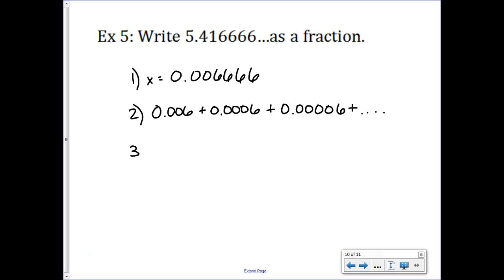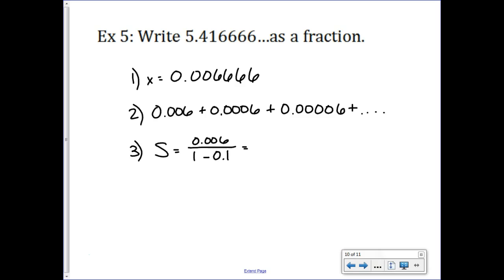So step 3, we are writing it as a geometric series. So S equals, our starting value is 0.006 over 1 minus, and to get from 0.006 to 0.0006, I'm just multiplying by 1/10. I'm multiplying by 0.1.